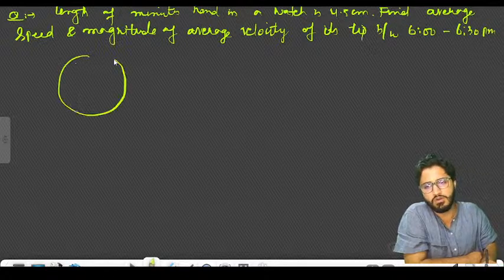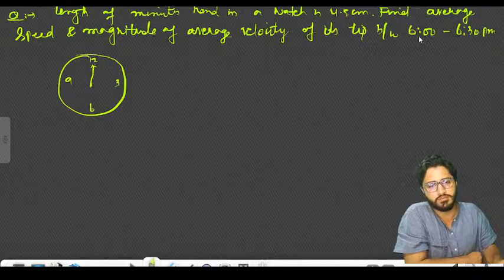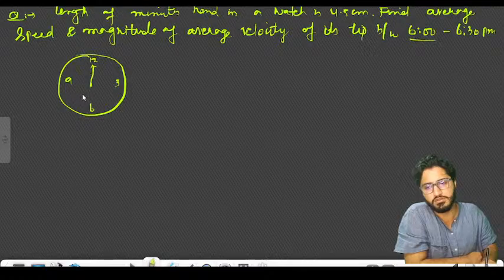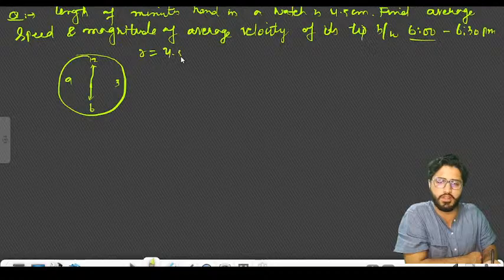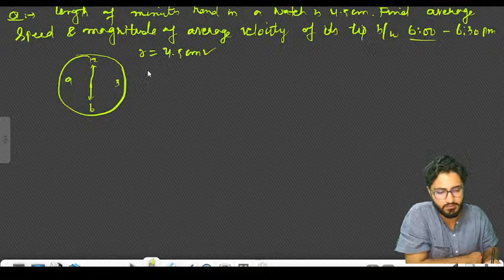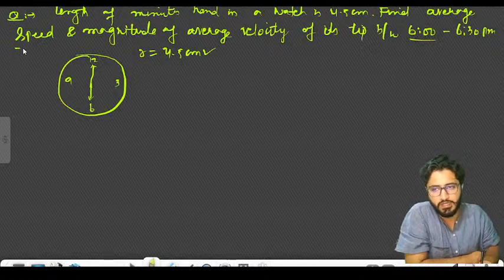So we are having a watch like this, 12, 6, 3, 9. The minute hand at 6 o'clock is like this, and at 6:30 it would be like this. So the radius is given as 4.5 centimeter. Done. Find average speed.